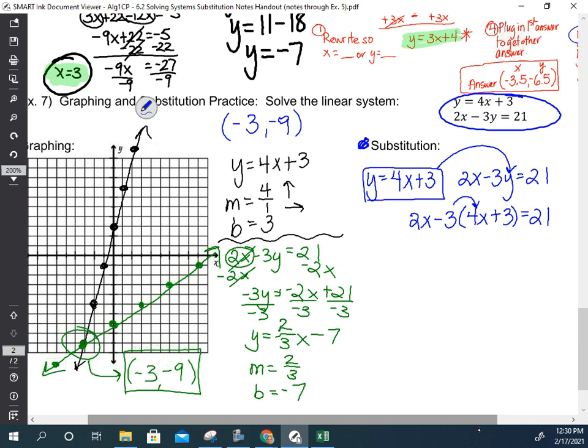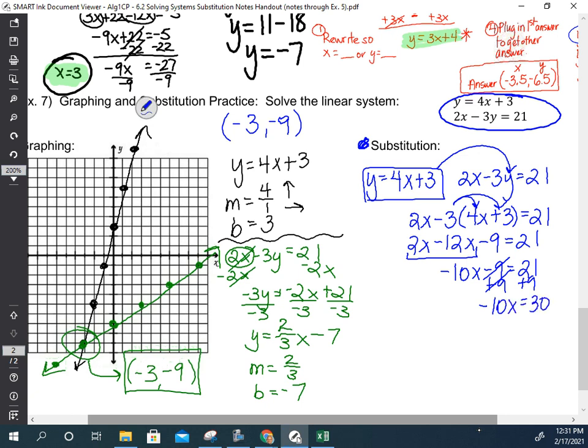Now you distribute. 2x minus 12x minus 9 equals 21. Combine your like terms. Add 9 to both sides. And then divide by -10. So you get x equals -3. Exactly what you had when you graphed it.